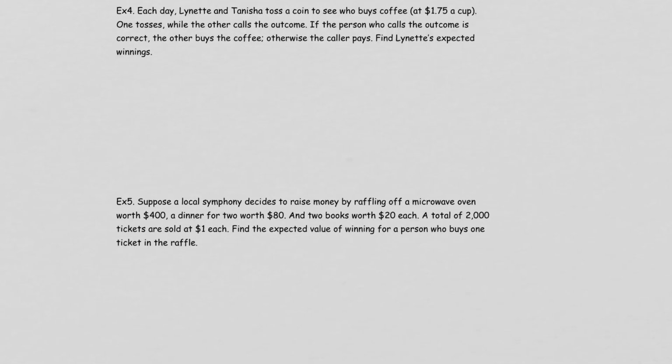Okay, example 4. This time we have a different type of example. It says each day, Lynette and Tanisha toss a coin to see who buys the coffee. One tosses while the other calls the outcome. If the person who calls the outcome is correct, the other buys the coffee.